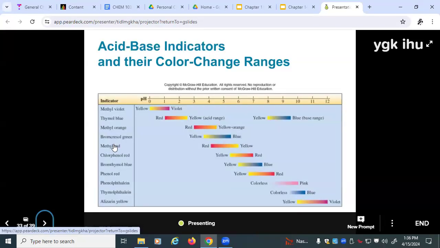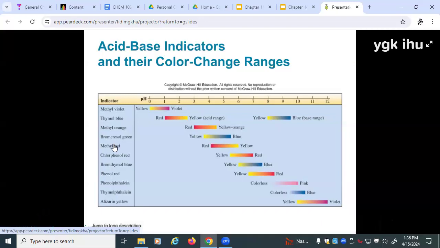In other kinds of indicators, you will see a wide swath of color changes. Anything from something like thymol blue, which can range all the way from red in the extremely acidic sense to blue in the basic sense and yellow in between.